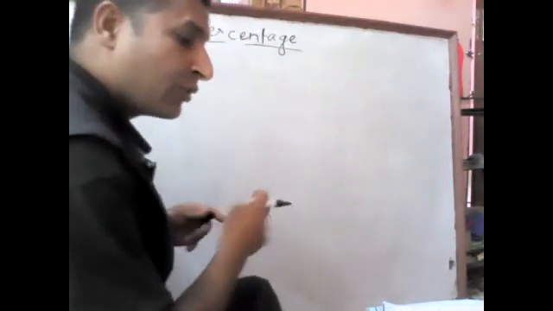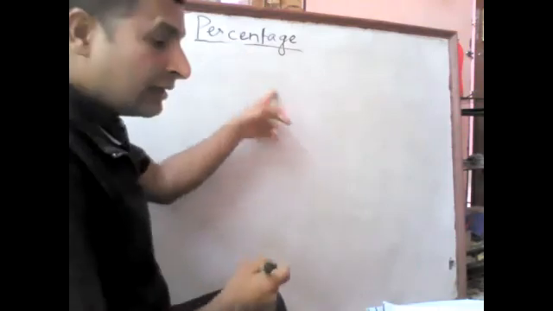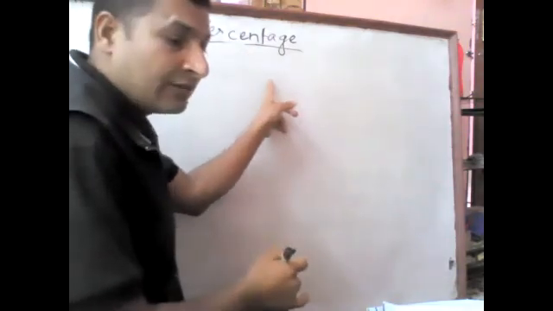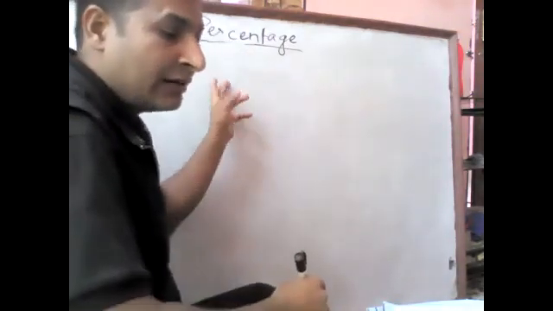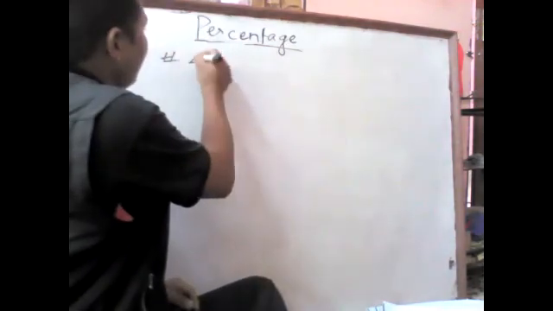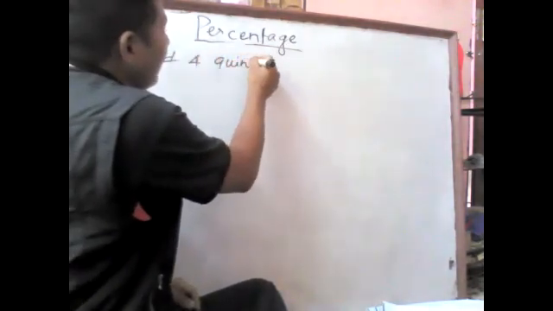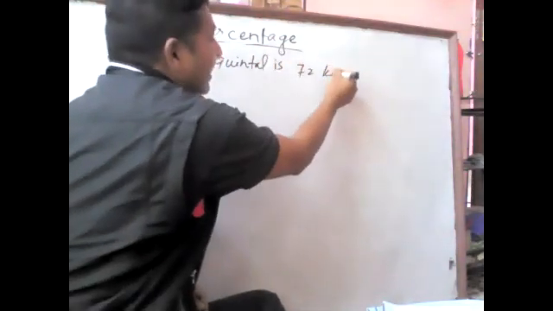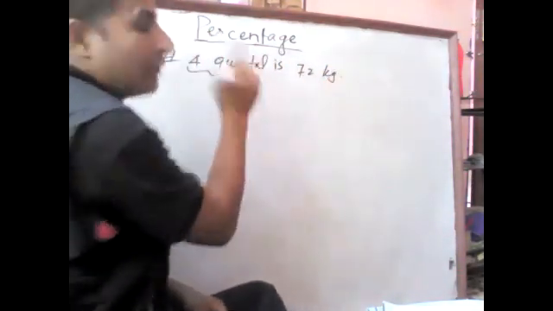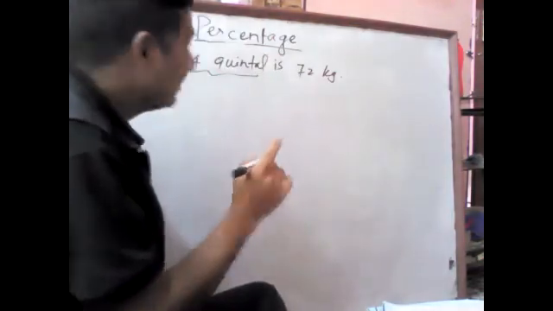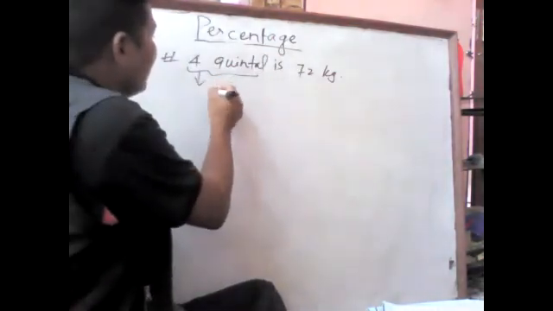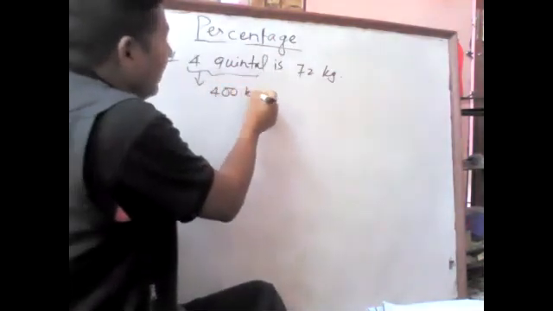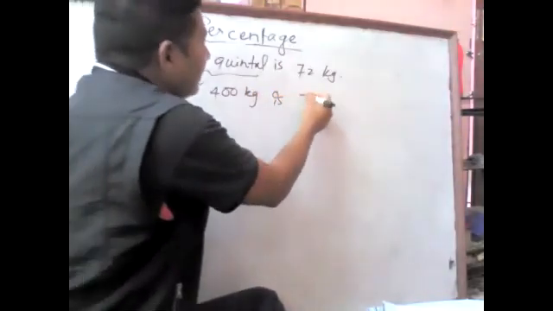Now we see one more question, like the previous question. Suppose we have to find what percentage of 4 quintal is 72 kg. 1 quintal is 100 kg, so 4 quintal is 400 kg, and the question is what percentage of 400 kg is 72 kg.